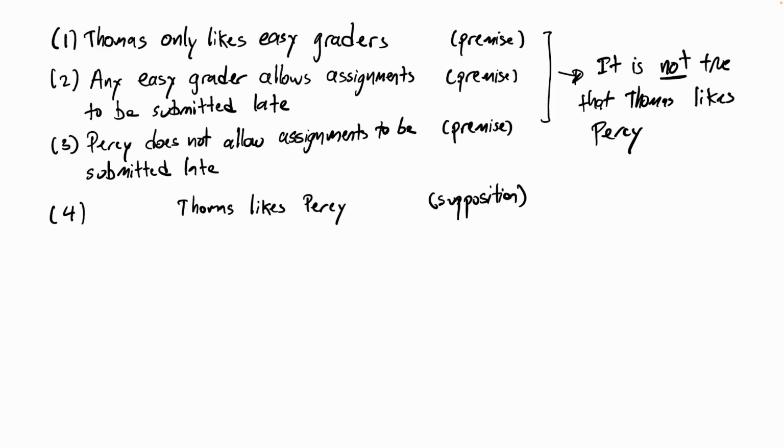So let's go back to our example. We're trying to demonstrate that from our 3 premises, it follows that Thomas does not like Percy. We can use Reductio ad absurdum reasoning to do that. The way that works is we first suppose that in addition to our premises, it's also true that Thomas does like Percy.